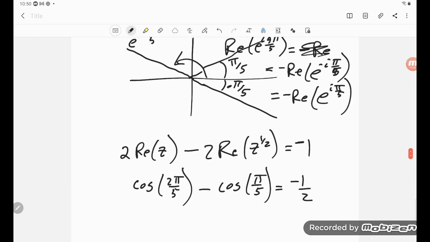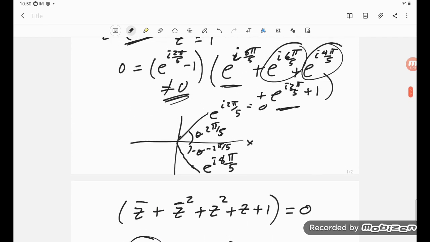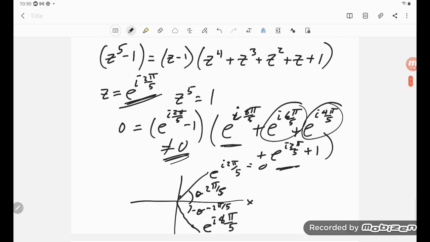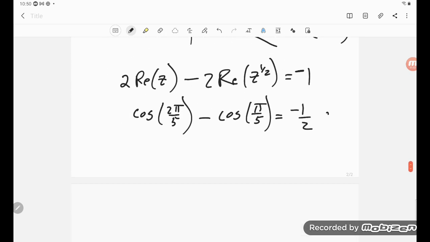All right, so I can use z equal e to the i 2 pi over 5 and this factorization to come up with this identity.